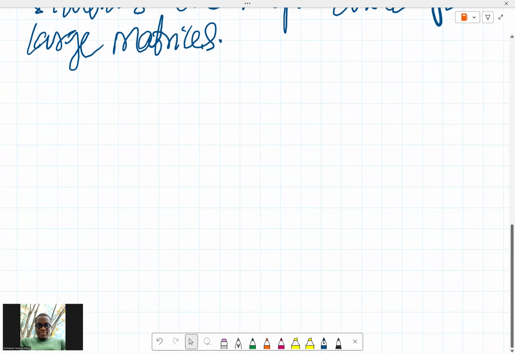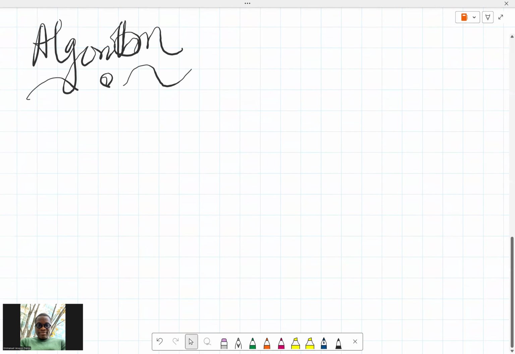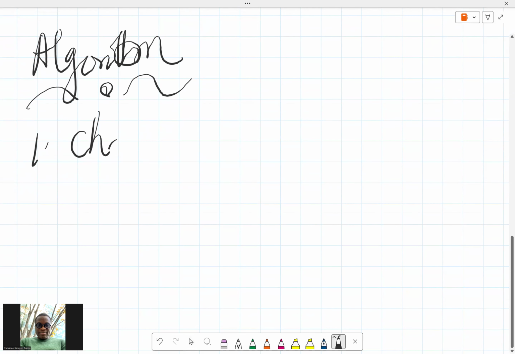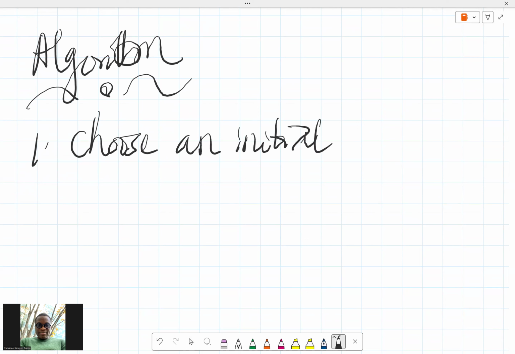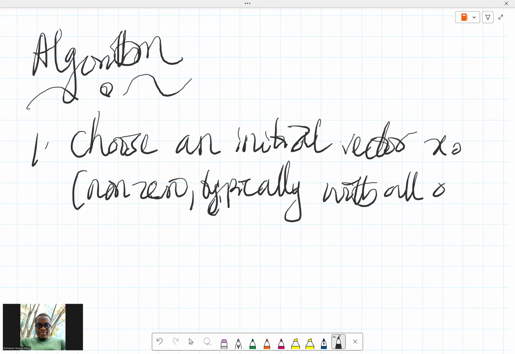Okay, so let's talk about the algorithm for this. The first thing is you choose an initial vector, x naught. That x naught should be non-zero. It is typically all ones. Of course, it can be without ones, but it shouldn't be zeros.